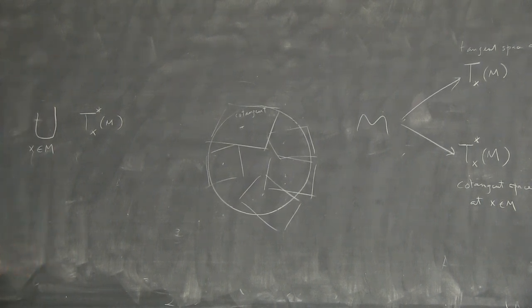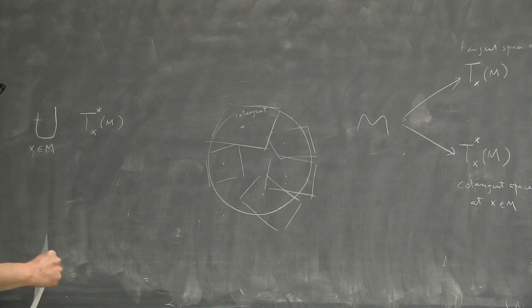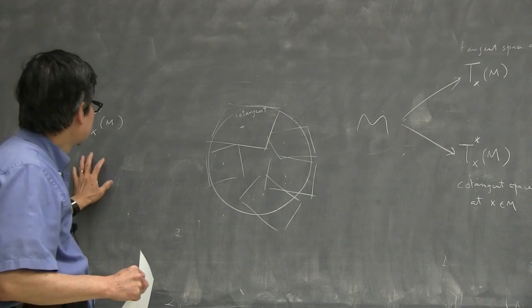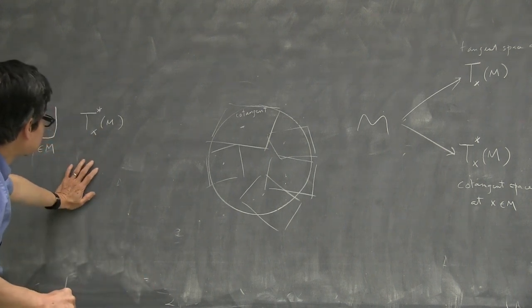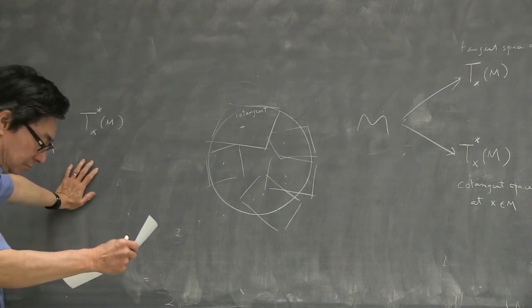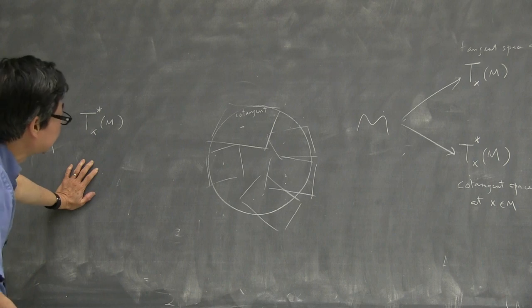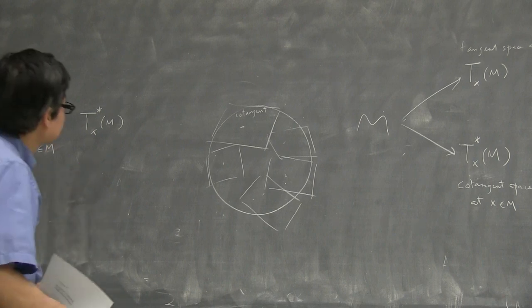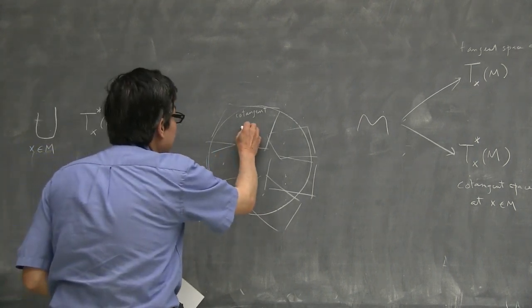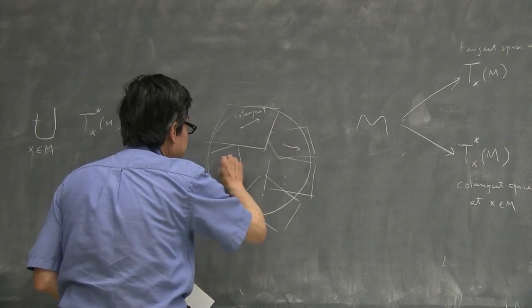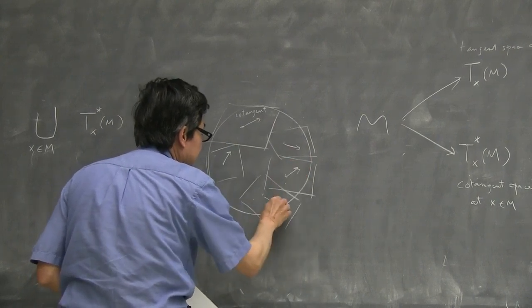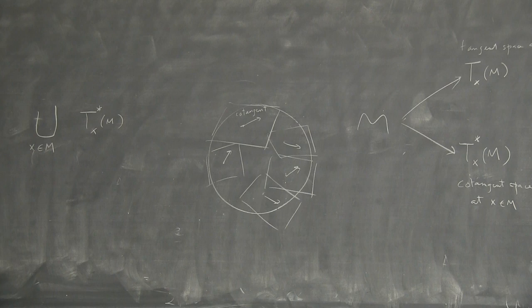And so a particular thing in here would be what? Okay, before that I have to do one thing. Supposing I do something like this. I choose a particular vector in each of these spaces, like so. Now remember, those are the cotangent spaces.